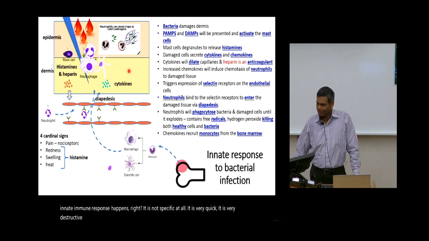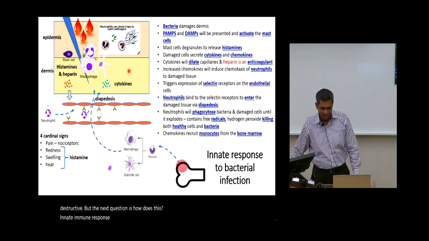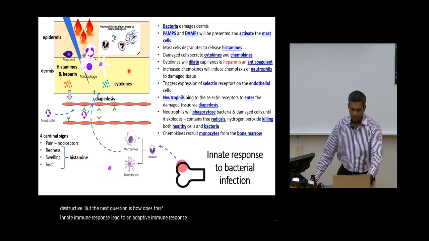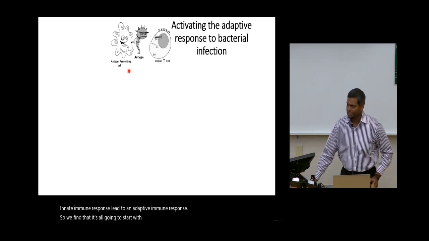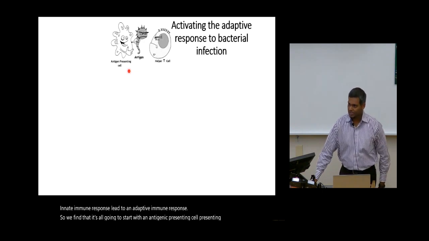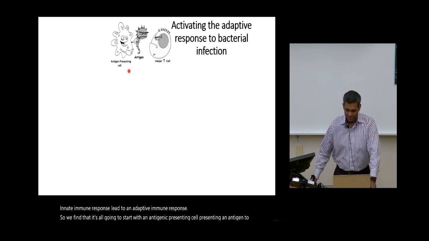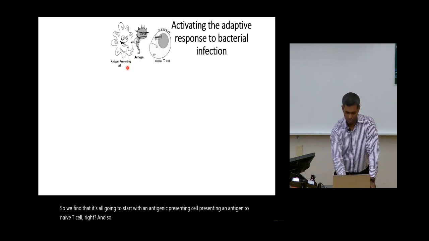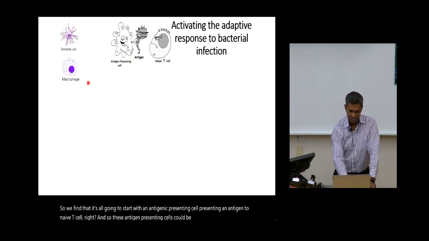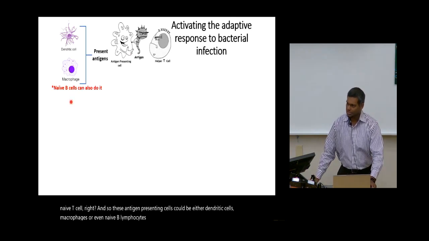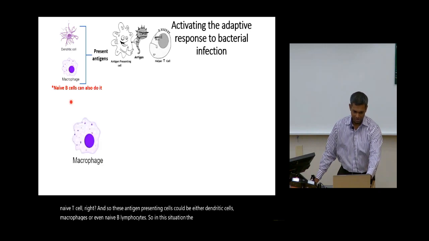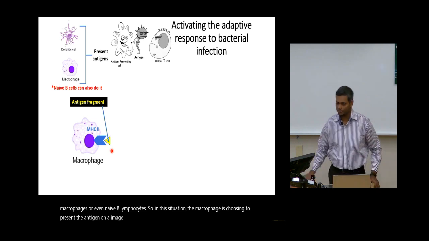But the next question is, how does this innate immune response lead to an adaptive immune response? Okay. So we find that it's all going to start with an antigen presenting cell presenting an antigen to a naive T cell, right? And so these antigen presenting cells could be either dendritic cells, macrophages, or even naive B lymphocytes. So in this situation, the macrophage is choosing to present the antigen on an MHC2 protein.